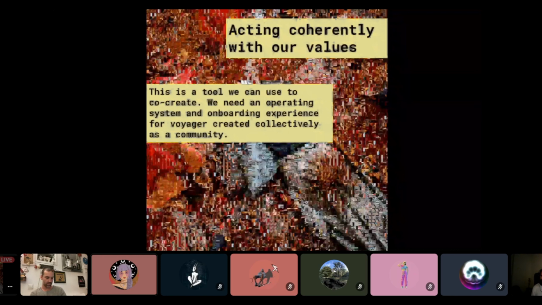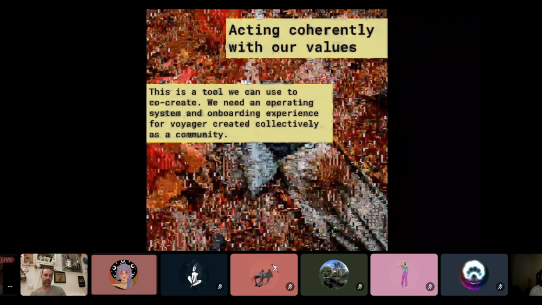You can read about what Voyager is in various iterations. And then we also have the regular meetups, the opportunity to connect with others and be brought up to speed by existing members.